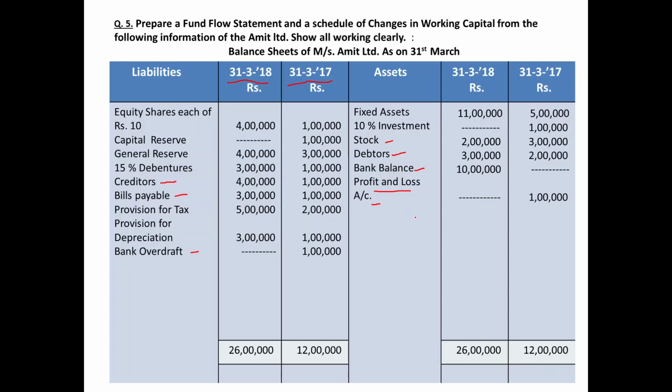And then afterwards, at the time of preparation of adjusted profit and loss account, we were putting the balance of last year as an opening balance of profit and loss appropriation account on the right hand side, on the minus side, on the credit side of adjusted profit and loss account. And the balance of profit and loss appropriation account for the current year, we were reporting it in the adjusted profit and loss account on the left hand side, on the plus side, on the debit side as a balance of the current year.